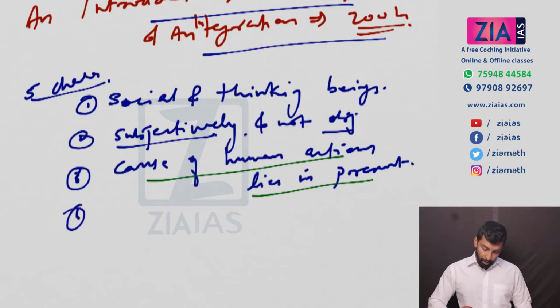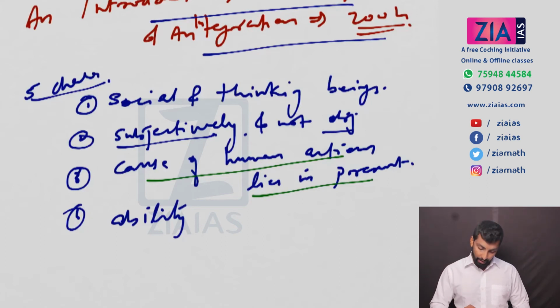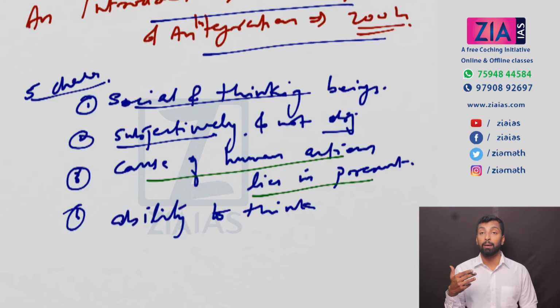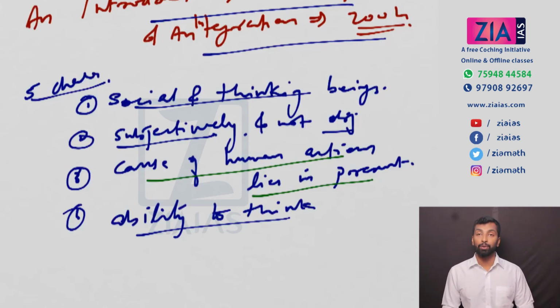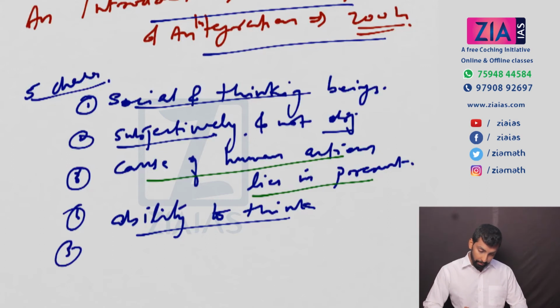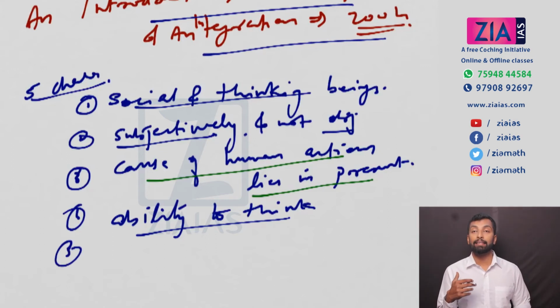Fourth and most important point is, human beings have an ability to think. In fact we covered this point in the first point itself. We have discussed social and thinking beings. So here let's stress this ability to think, and that's what differentiates the symbolic interactionist from the behaviorist roots. Then the last point, mind is the result of socialization process, and it is not a thing, it's a process.